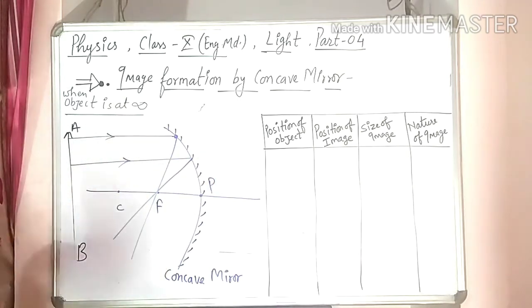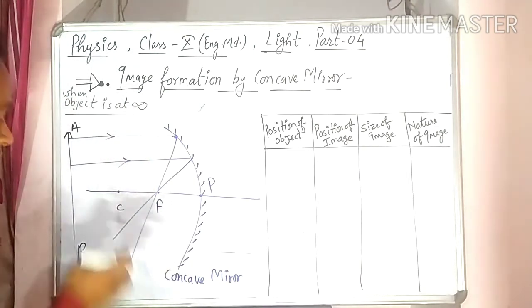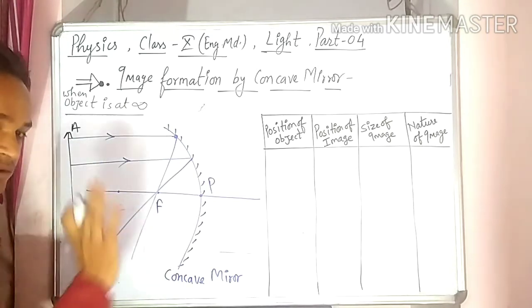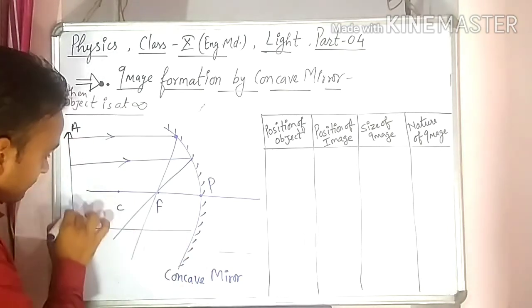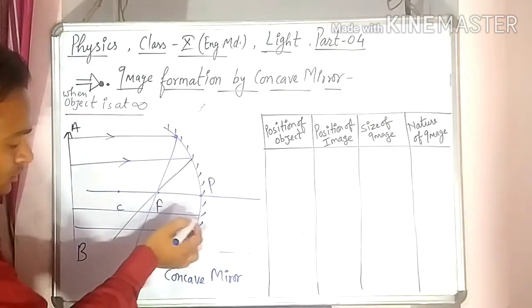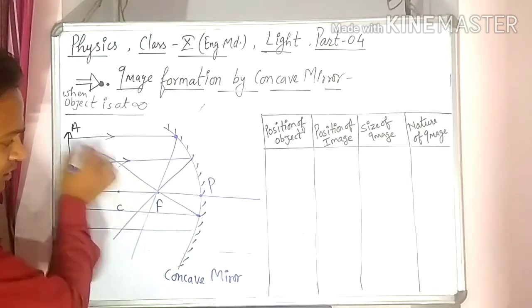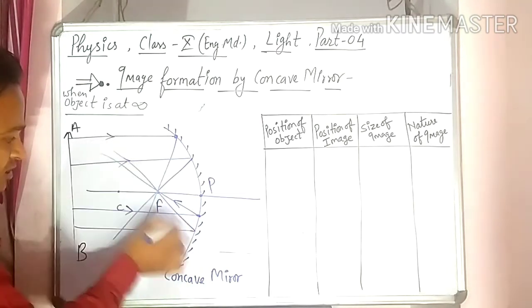So there is a question in your mind: will the ray always pass above the principal axis? No, they may be from there. Look, it is also parallel to the principal axis. They will also pass through the focus.